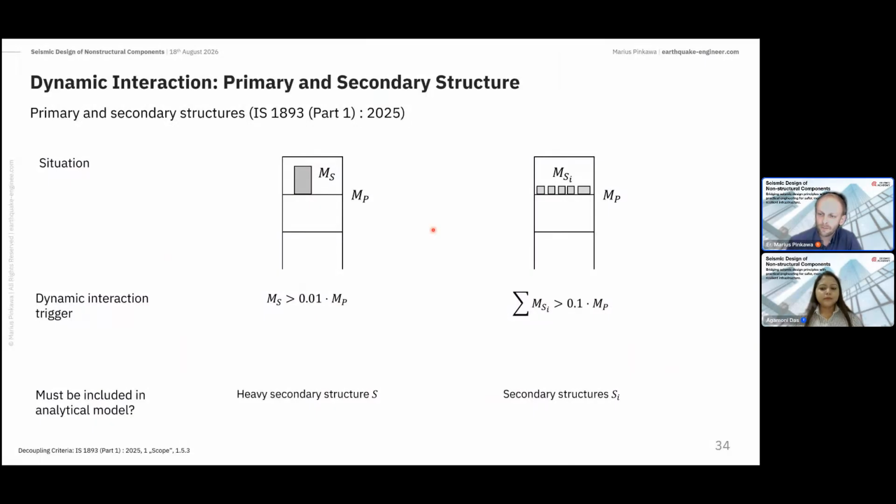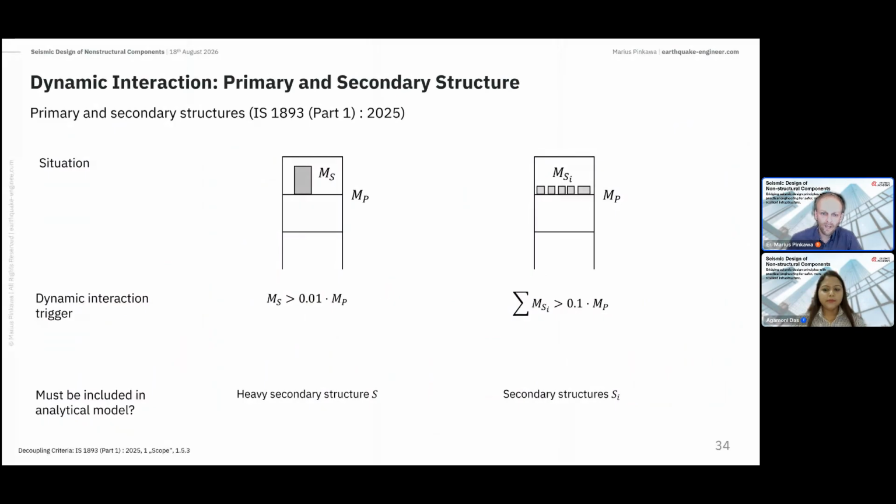Or other cases, if you have many light components, if the sum of the weight or mass is more than 10% of the supporting floor, then you need a coupled model. So this is also a value which is quite different than the value provided by ASCE 7-22, which says if you have 20% of the primary system mass, then you need to run a coupled model. So this is much more strict than, for example, ASCE 7.